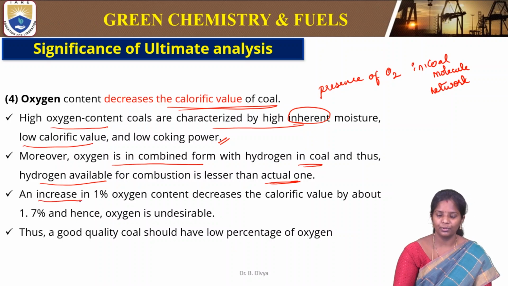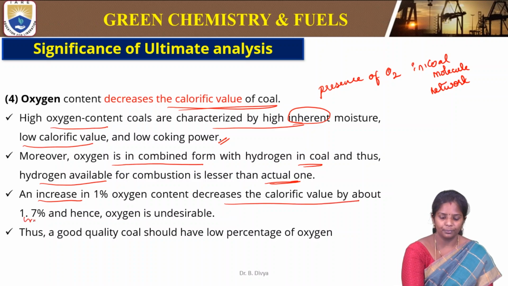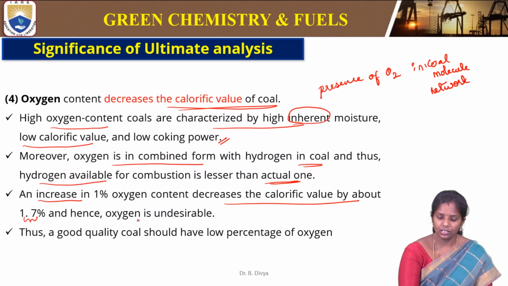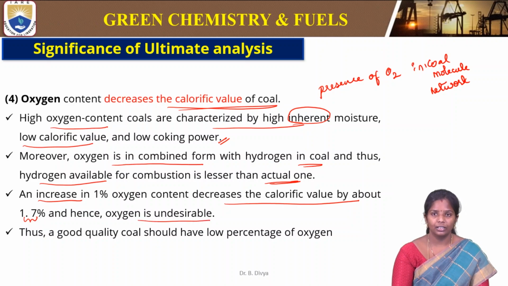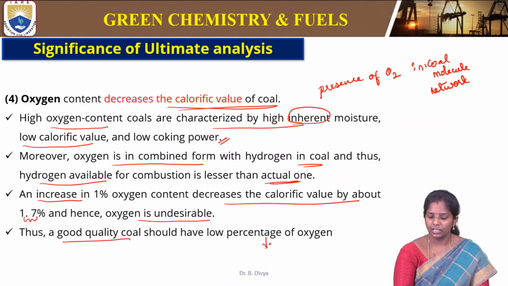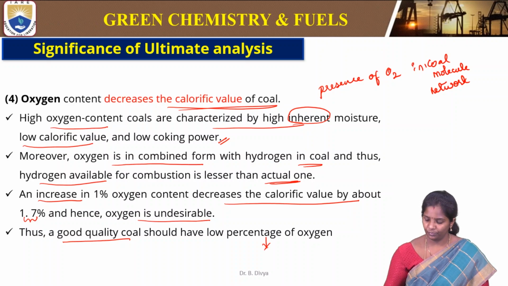An increase of 1% of oxygen decreases the calorific value by 1.7, which by rounding off is about double. Like if 1% of oxygen is present, 2% of calorific value will be reduced. So hence oxygen is undesirable. Thus a good quality coal should have a low percentage of oxygen, so that it has better application.